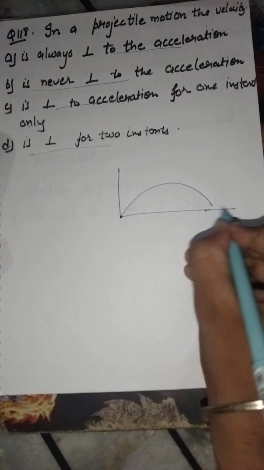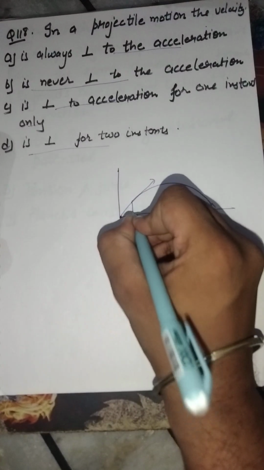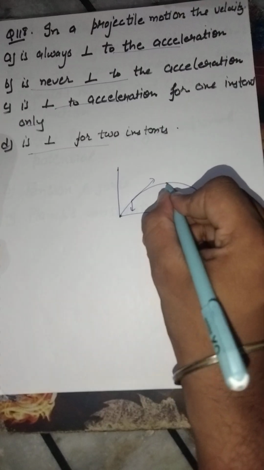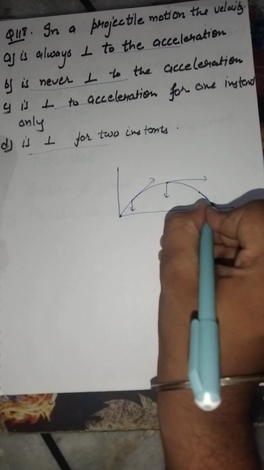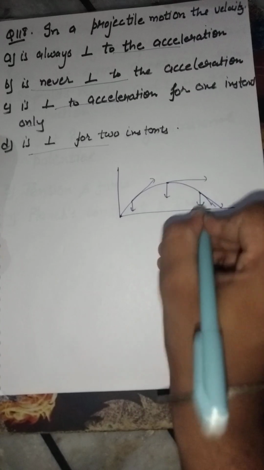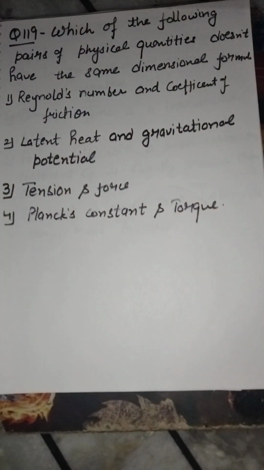When the velocity of the particle is in this direction, our acceleration is in this direction. When the velocity is in this direction, the acceleration is in this direction. So our acceleration is perpendicular at 1 instant only. Option C is correct.